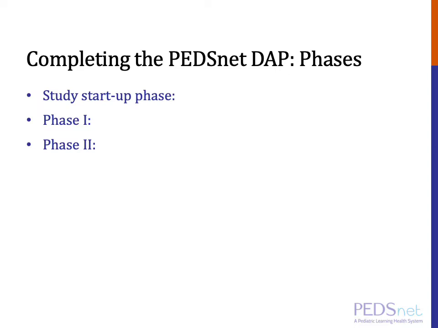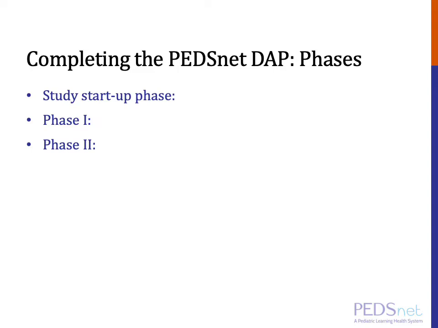When it comes to PEDSnet studies, which, as you know, involve the secondary use of EHR data, we've learned to expect the unexpected. It's not appropriate for us to fully specify a study before we begin interacting with the data and understand how relevant information for the study is represented. As such, we break down the DAP into 3 phases.